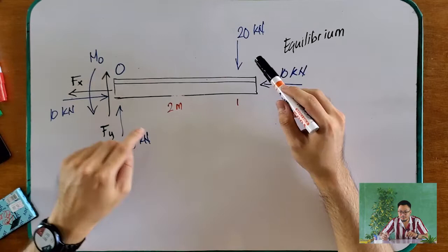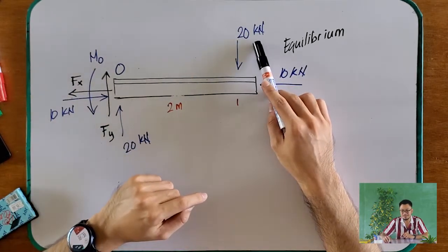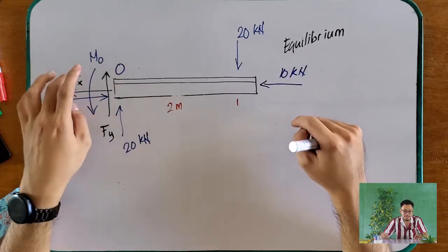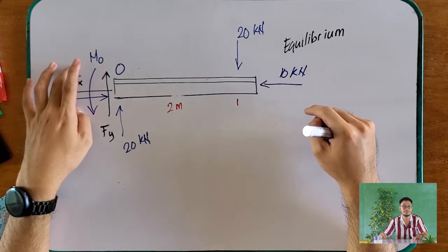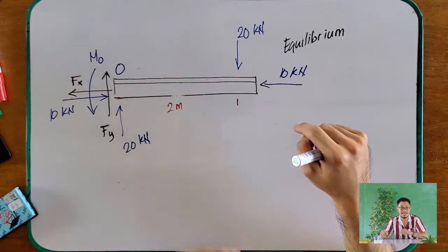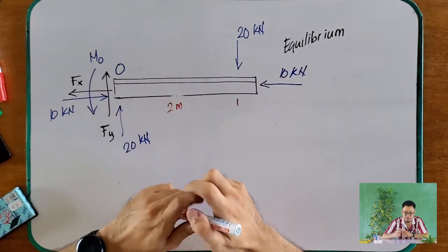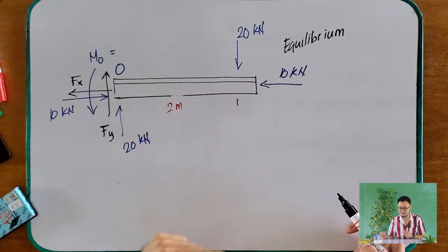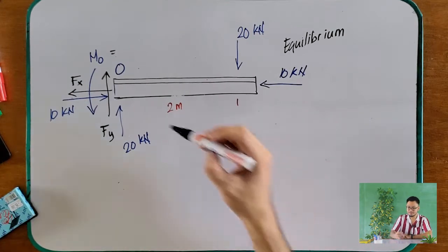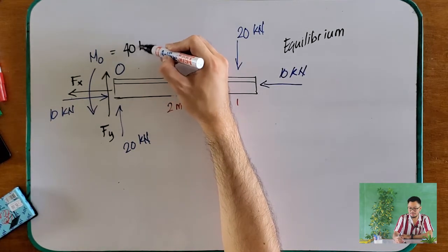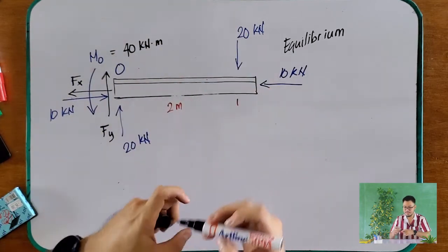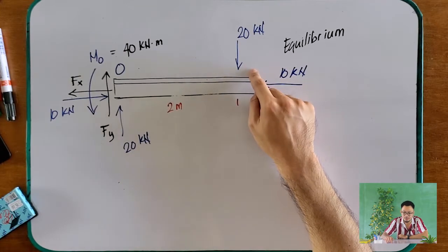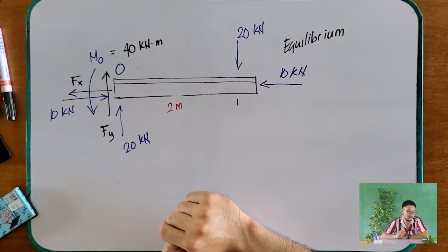So, in order for us to stop this, in order for us to restrict the rotation of this one, then our support should create a moment that should restrict the rotation of your 20 kilonewtons, which is, ang imong moment, dapat mag-apply siya og pila man? 40 kilonewton meter nga moment para dili ni maka-create og rotation ang atong 20 kilonewton.